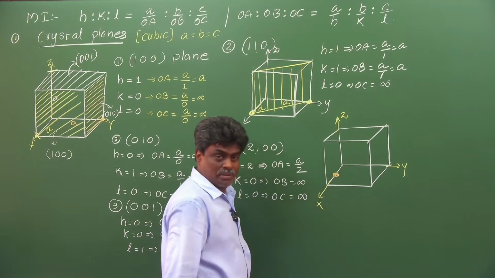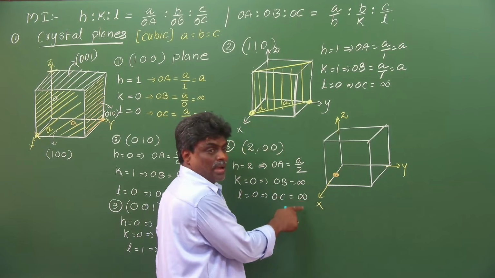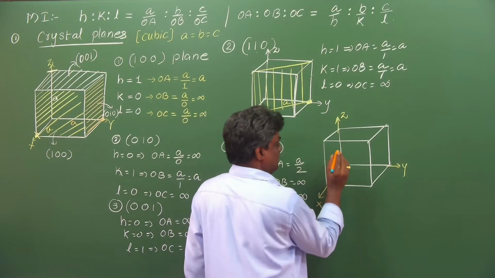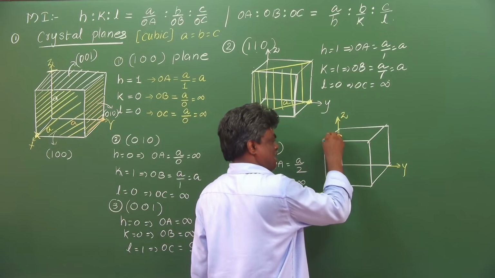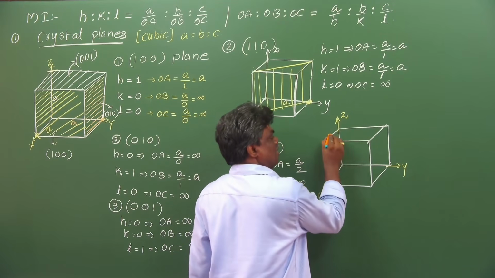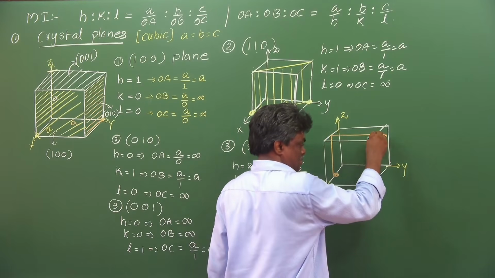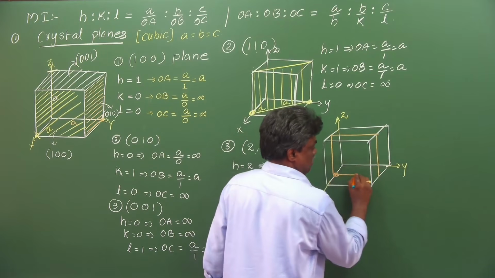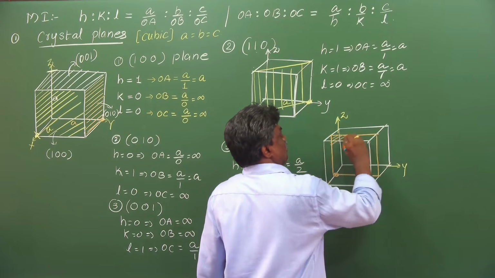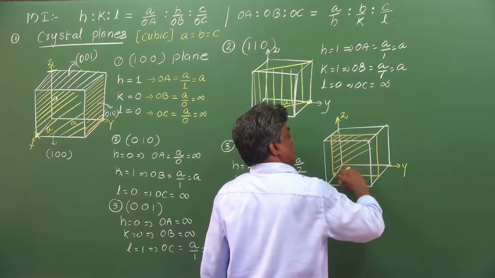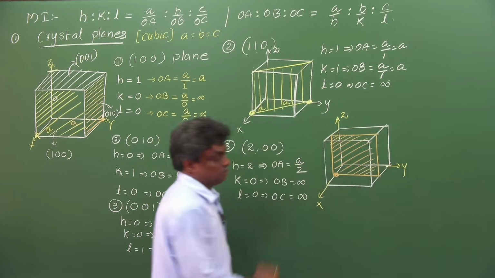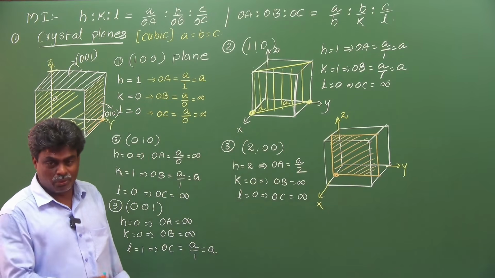I hope you are observing. Any intercept on y and z? That's why what you have to take. So that is the plane of 200 plane.